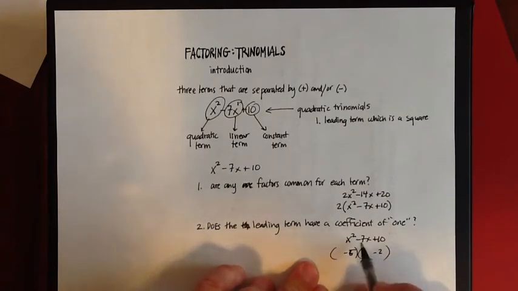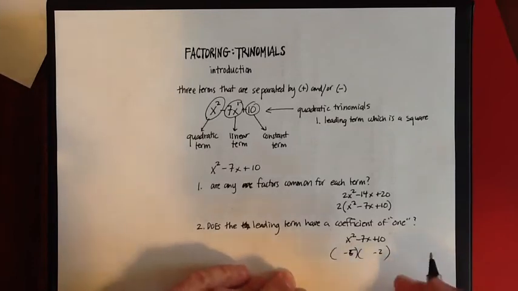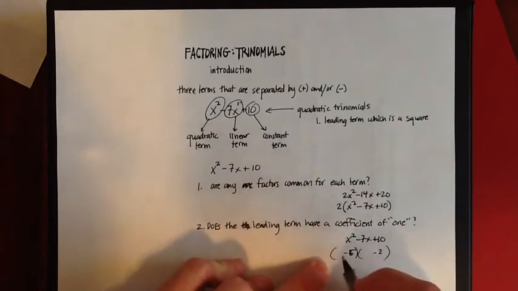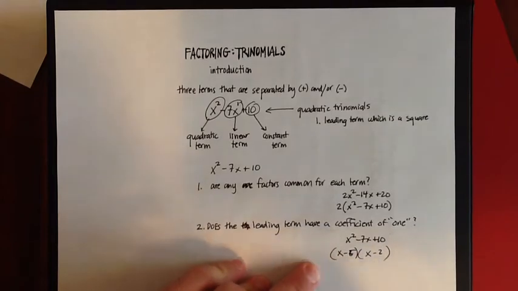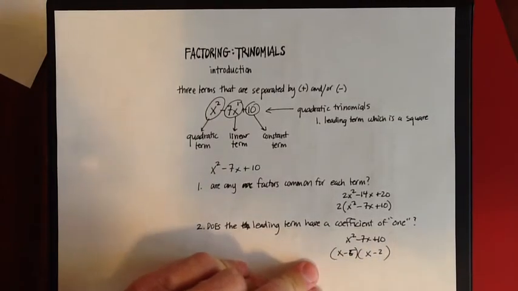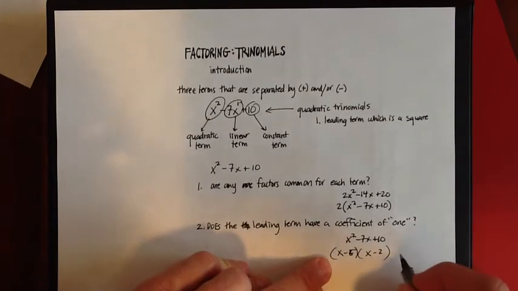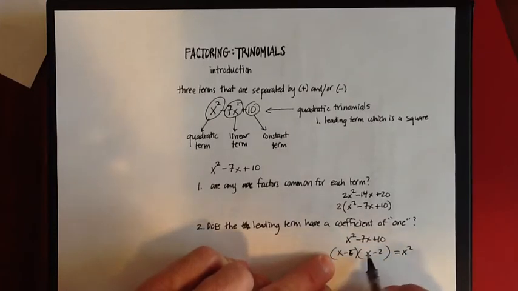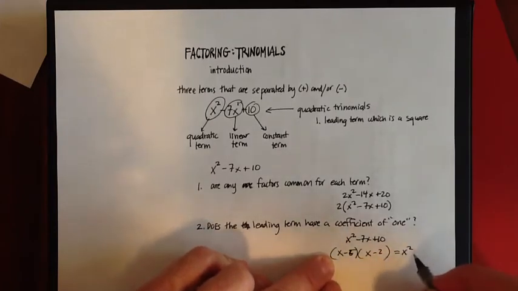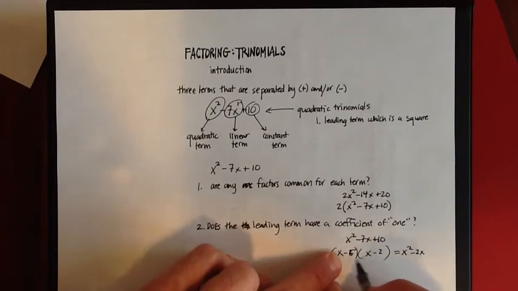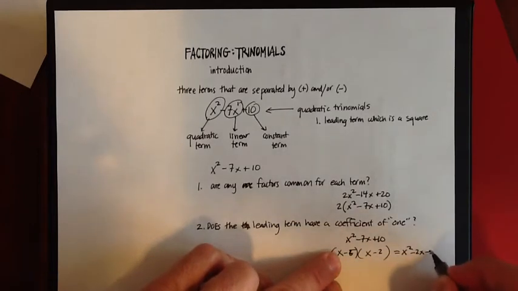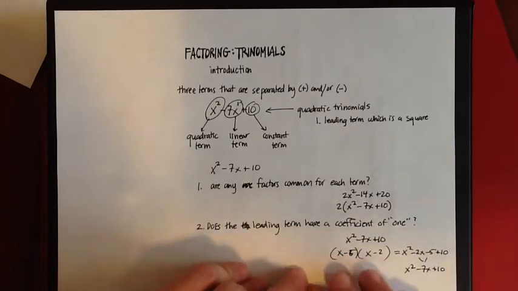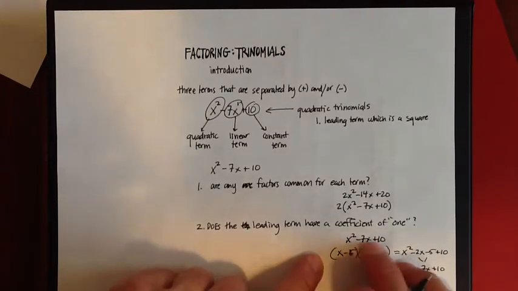When you add these two factors, you get negative 7. And then you take the square root of the leading term, x and x, and there's your answer. Okay? So x times x, just to do a quick check, x times x is x squared, x times negative 2, negative 5 times x, and negative 5 times negative 2. Add those all up, you get x squared minus 7x plus 10. So you've successfully factored this.